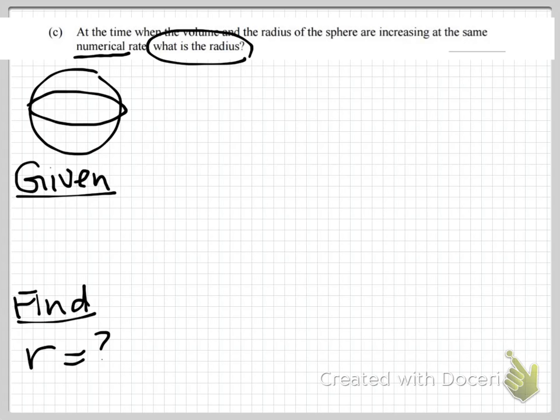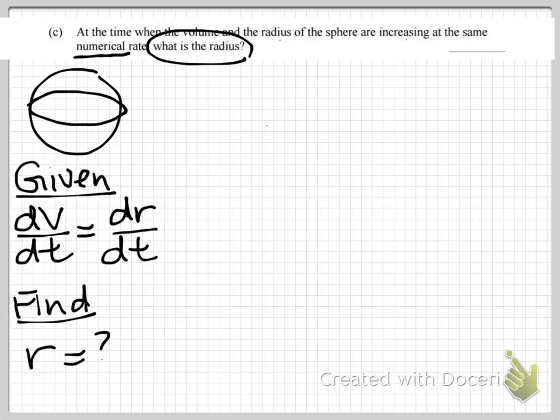But what am I given? It says when the volume and the radius are increasing at the same rate. So it looks like what it's saying is that dV over dt equals dr over dt, but we also know that equals 0.04. That's what I'm given.